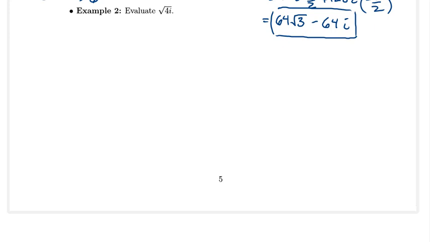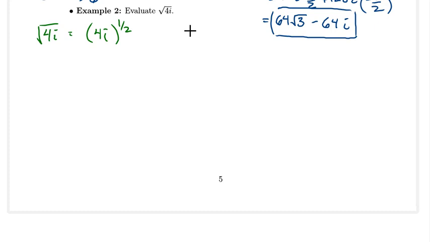First of all, let's remember that if we take the square root of 4i, that's the same thing as 4i raised to the 1/2 power. So you can see how if we can just write 4i in its polar form, then we'll be able to apply the same logic that we did in the previous problem when we were raising that number to the 7th power.